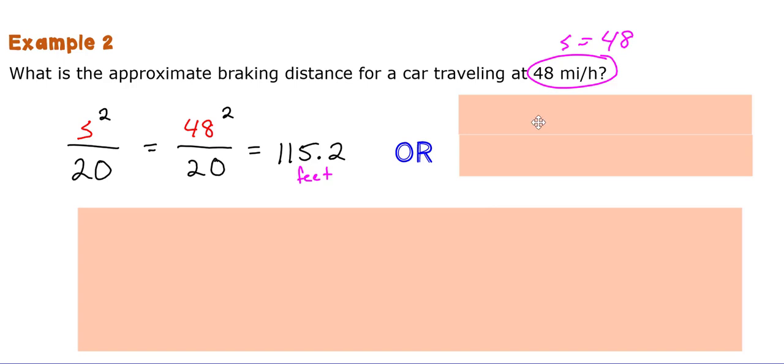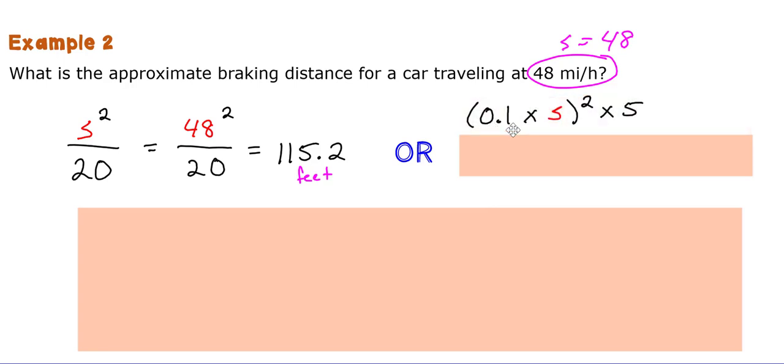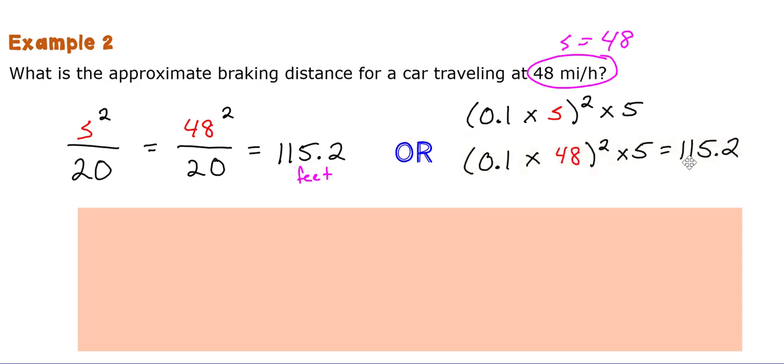So using the other formula, the quantity 0.1 times s squared times 5, put in 48 for s, and we get the same result, 115.2 feet. So you could really use either formula.